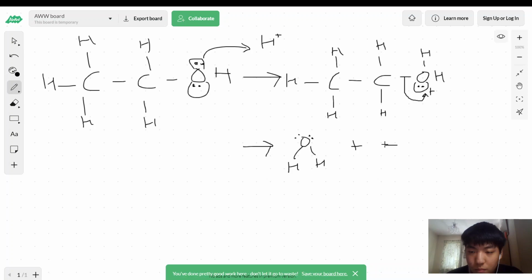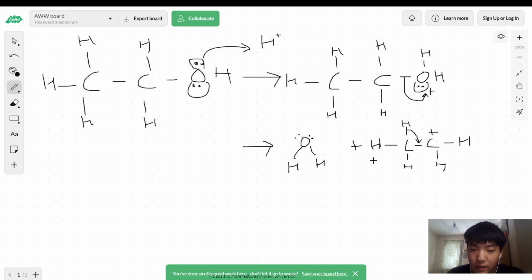This carbocation has a positive charge on one of the carbons. Then the pair of electrons from this carbon-hydrogen bond goes towards the carbon-carbon pair of electrons to create a double bond.